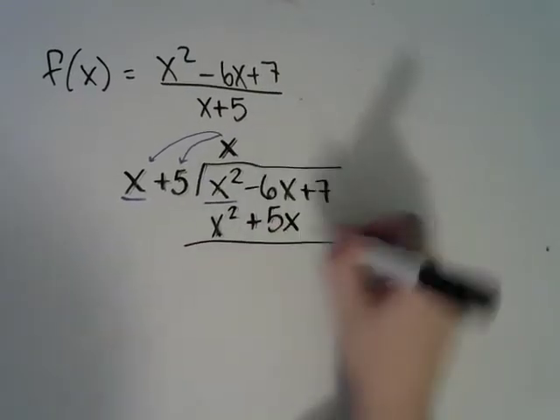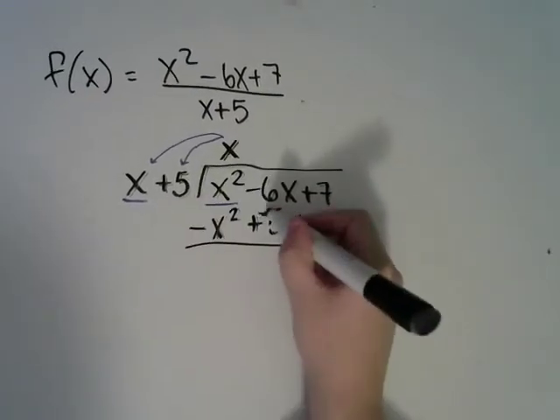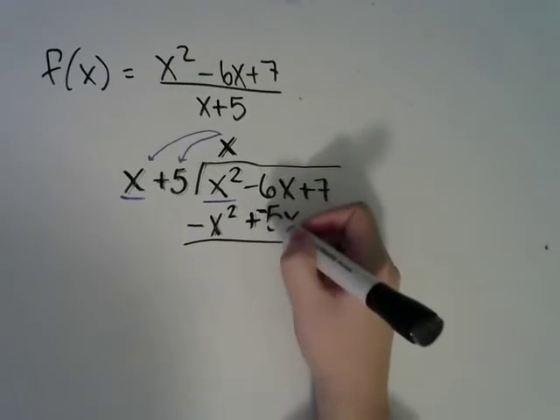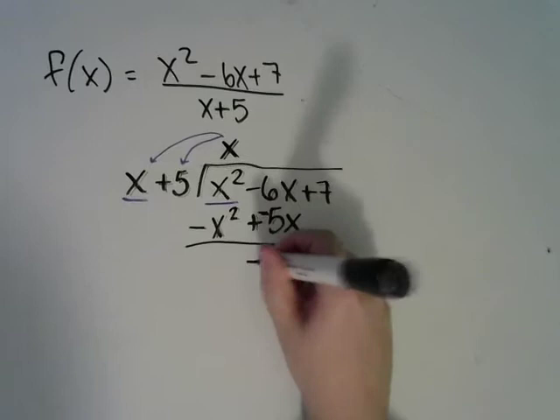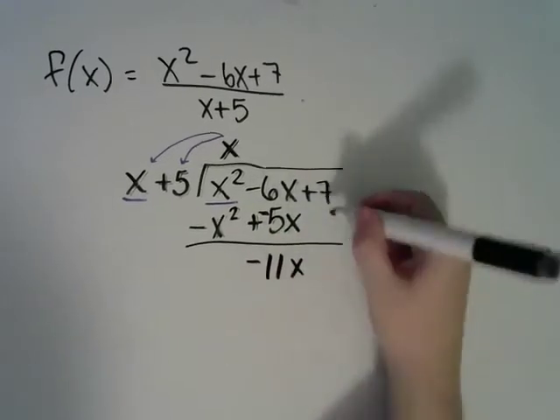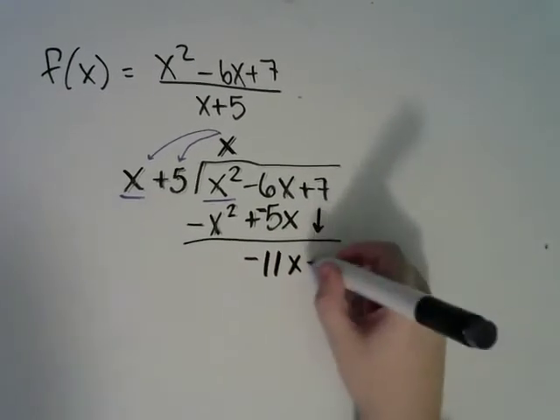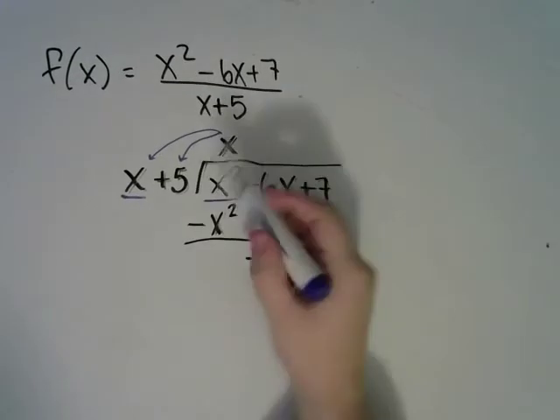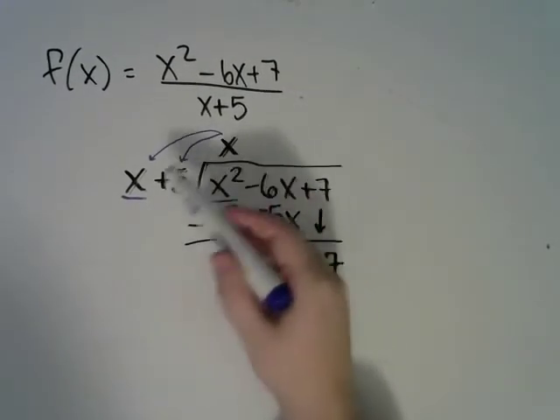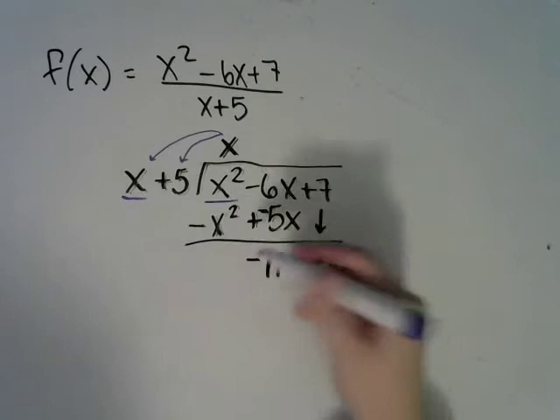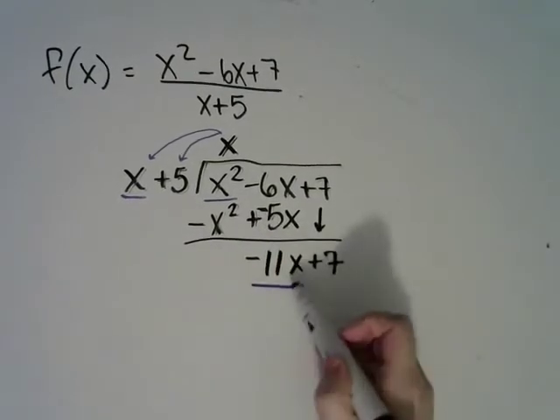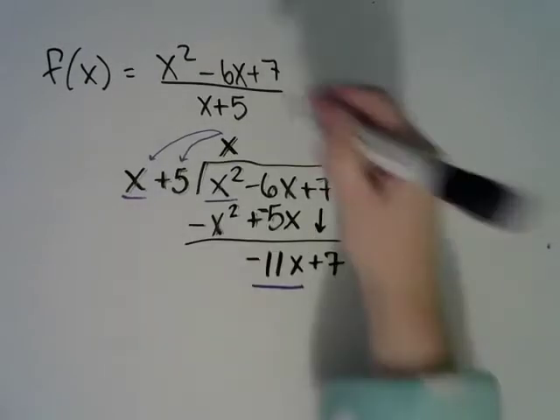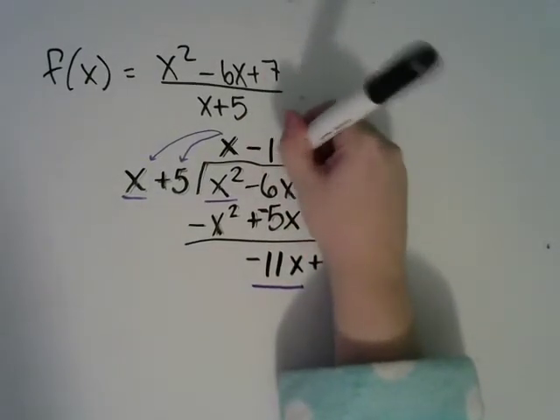Subtracting it from the dividend includes changing the sign of the plus 5x to a minus 5x, and we get negative 11x, and bring down the last term. So next we ask, how many times does x go into negative 11x, or what's negative 11x divided by x, and we get negative 11.